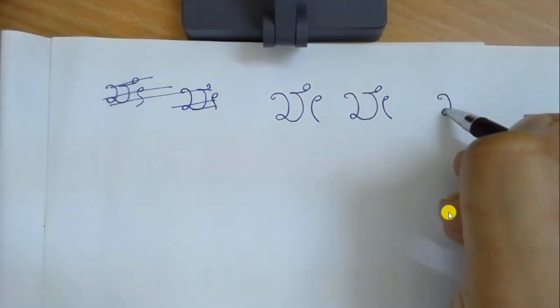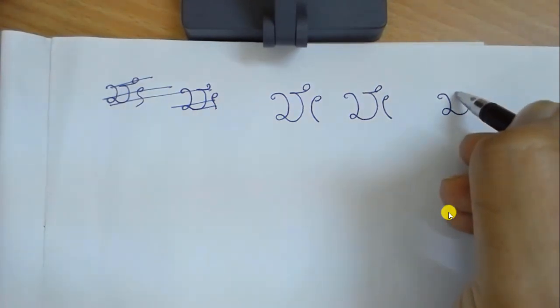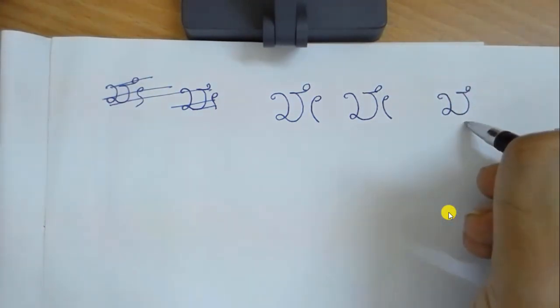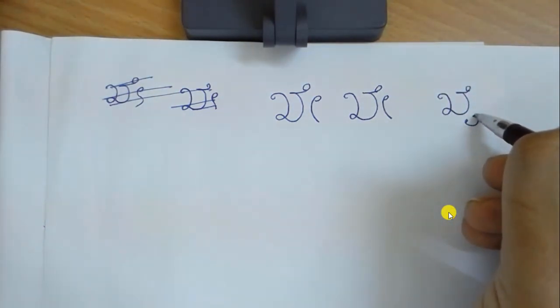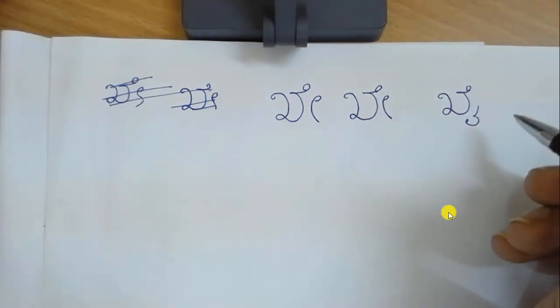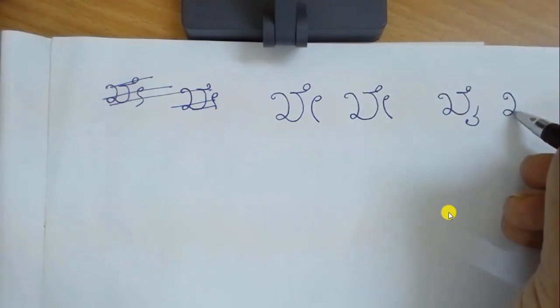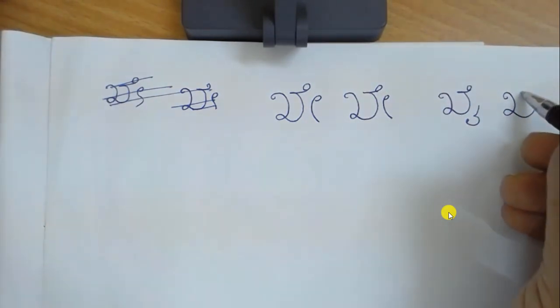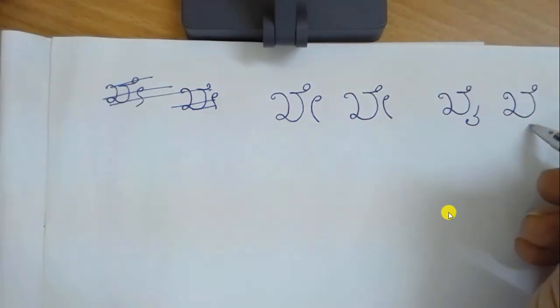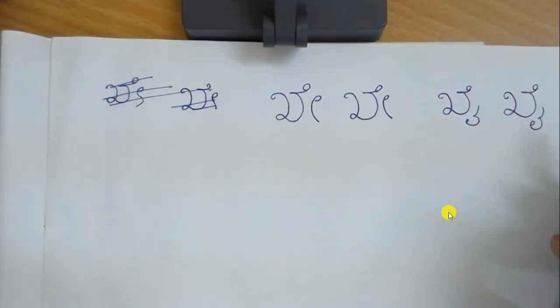We write Khay like this, okay. Now these sounds are used exclusively in Kannada and also some other Indian languages, so we do not find the usage of this in English, okay, or if it is there, it will be very rare, okay. So Khay.